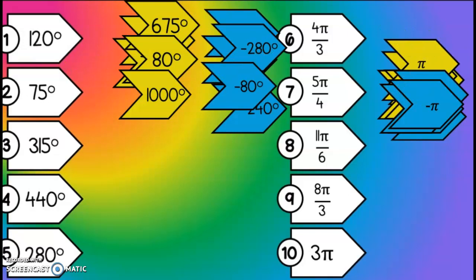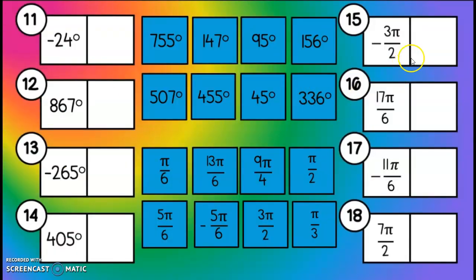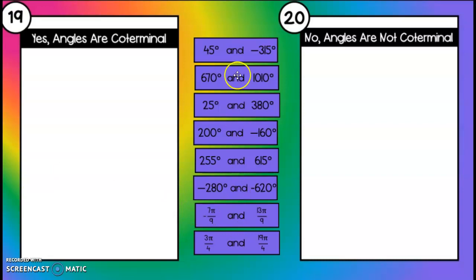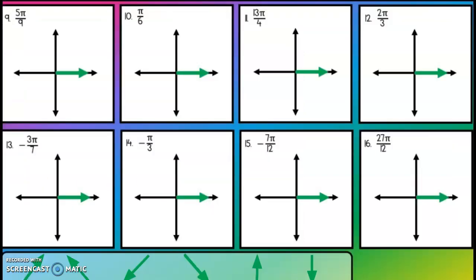So you're going to finish each slide now. So here, again, you're looking for coterminal angles. Here, you should have done this already, and you're just doing this part. And then here, you are going to be figuring out where these angles belong, remembering that this is 0, pi over 2, pi, 3 pi over 2, and 2 pi, and you're wondering where this fits in.